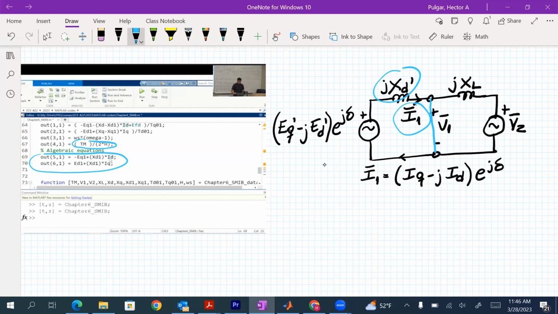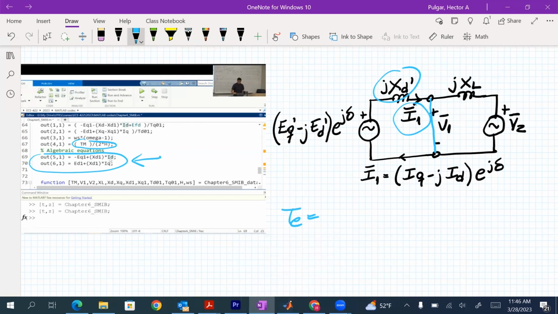And by enforcing the short circuit condition in the algebraic equation, that automatically will define that the electrical torque will be 0. So the expression for the electrical torque, when we force this condition for the algebraic equation, should vanish in this case.